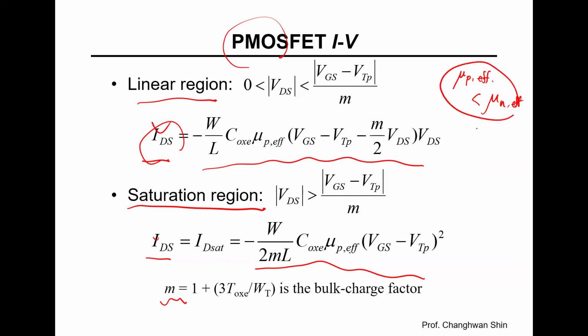This mobility difference is why many CMOS designs use wider PMOS devices to balance performance between the two transistor types. Despite these differences, the fundamental physics and equations governing PMOS operation parallel those of NMOS, making the complementary approach of CMOS both elegant and powerful for circuit design. This symmetry in behavior, despite asymmetry in physical parameters, is what makes CMOS technology so versatile and efficient.